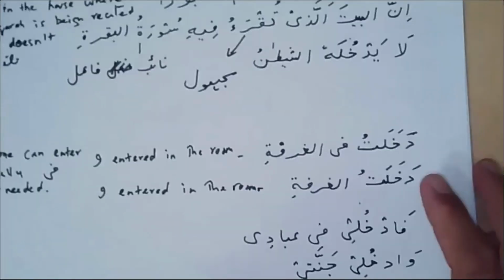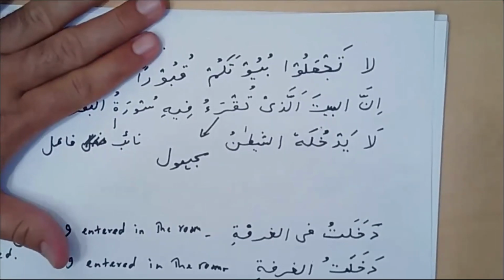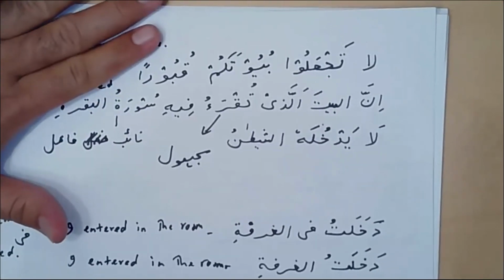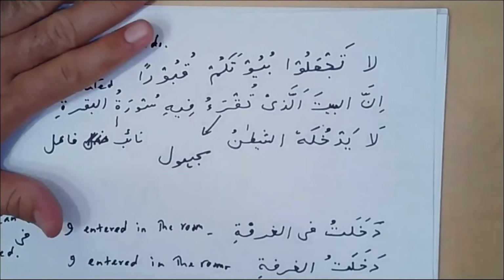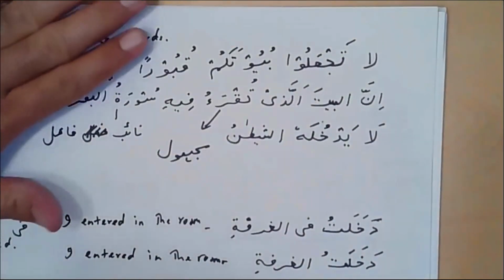And now let's look at another example here. And this will be a little bit of testing here. This is a hadith from Rasulullah sallallahu alaihi wasallam. Allahumma salli ala Muhammadin wa ala ali Muhammadin kama sallaita ala Ibrahim wa ala ali Ibrahim innaka Hamidum Majid. Allahumma barik ala Muhammadin wa ala ali Muhammadin kama barakta ala Ibrahim wa ala ali Ibrahim innaka Hamidum Majid.